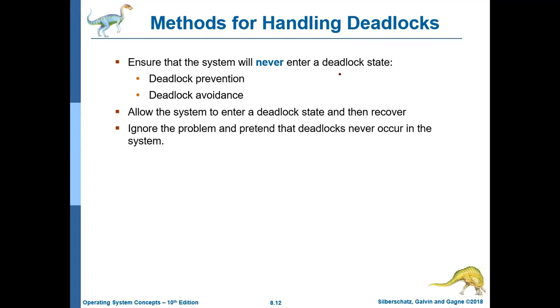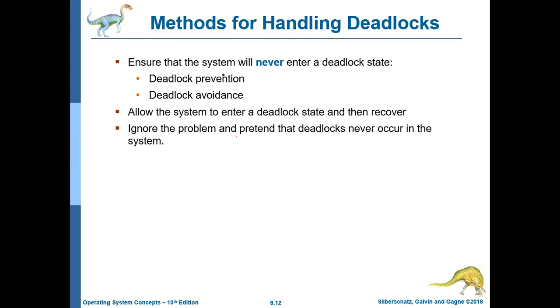It will be good if you are ensuring that the system does not have any deadlock. There are two mechanisms for this: deadlock prevention and deadlock avoidance. Allow the system to enter a deadlock state and then recover. Ignore the problem and pretend that deadlock never occurs in the system.